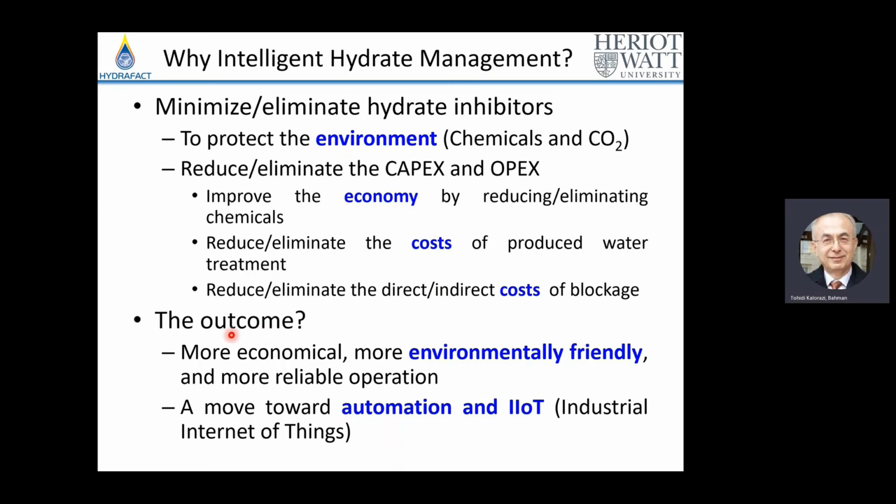So the outcome of the intelligent hydrate management is more economical, more environmentally friendly, and more reliable operation, and a move towards automation and IIO.